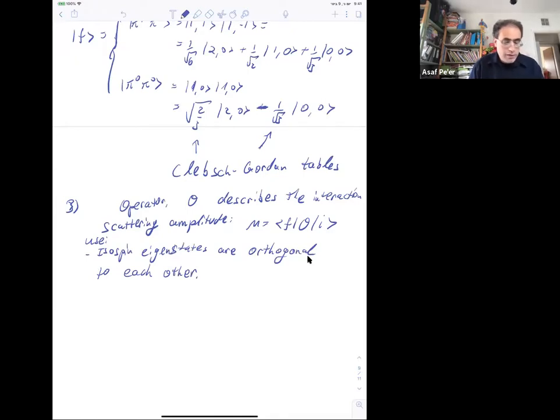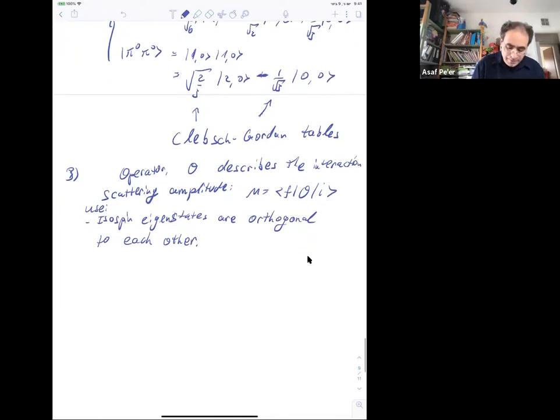And we know that if the interaction is to conserve isospin, isospin conservation means that O and I3 are conserved.